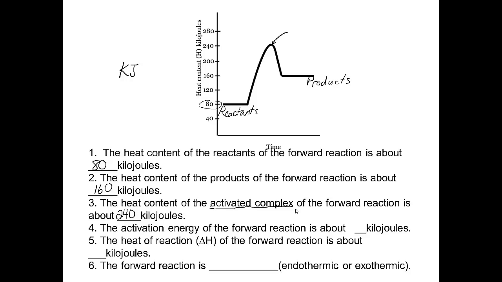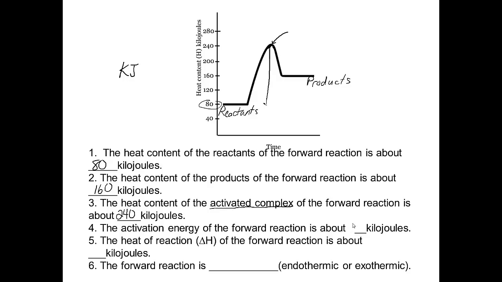Now, this is where simple math comes in. The activation energy in the forward reaction. Okay, activation energy from the reactants to climb the hill. How much energy did it take to climb the hill? So we were at 80. How much to climb up to 240? So how much is 240 minus 80?